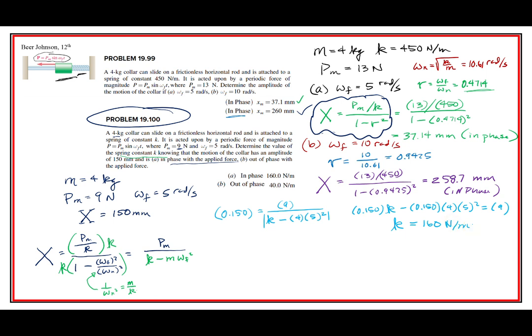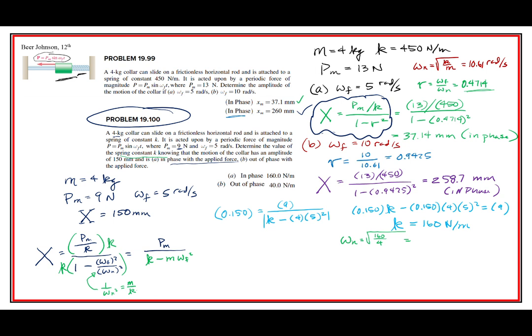And you could say that this is the in phase one. Well, how do you know that? Well, you could also find out what the natural frequency is going to be. So the natural frequency is going to be 160 divided by 4, right?